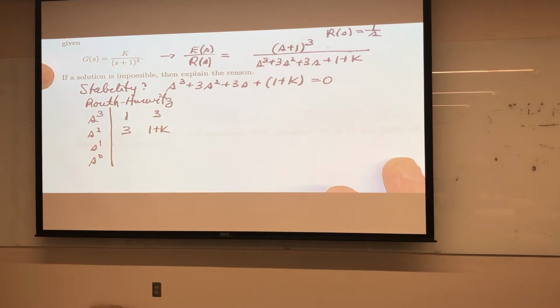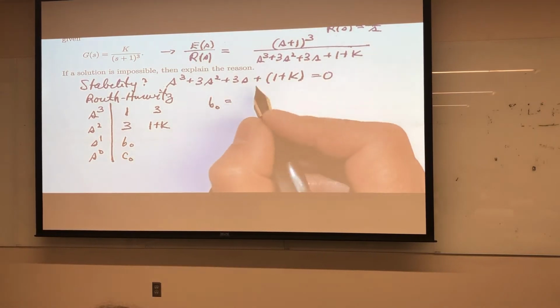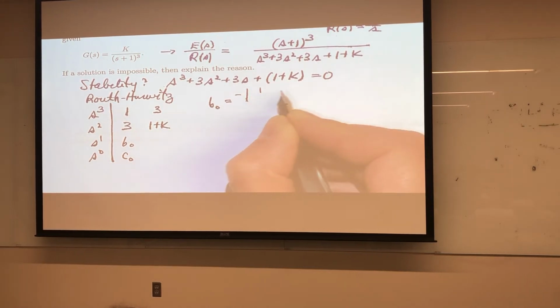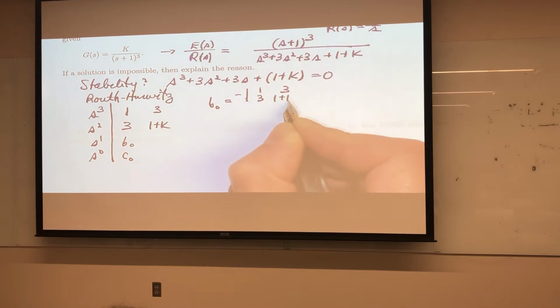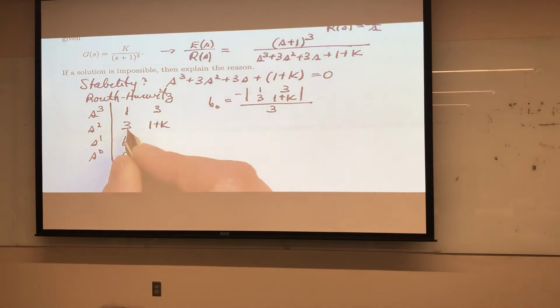Okay? And then if we apply the Routh-Hurwitz table formula to find these coefficients, one formula we have to find here is B0, and then this last coefficient here we'll call C0. It turns out that B0 is going to be, in this case, negative the determinant of 1, 3, 3, and 1 plus k, and then we have to divide by 3, this number right here.